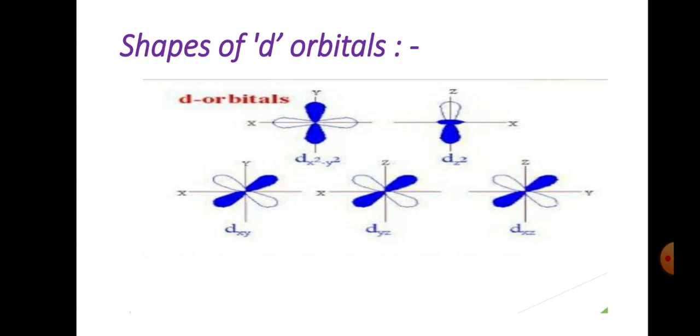The dx square minus y square and dz square orbitals form one set and have lobes lying along the mutually perpendicular x, y and z axes. The dxy, dyz and dxz orbitals form the second set and have lobes pointing between the axes.